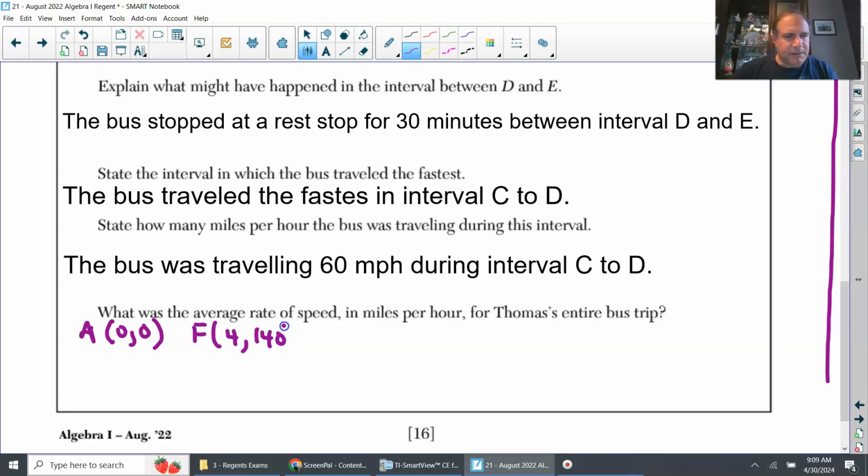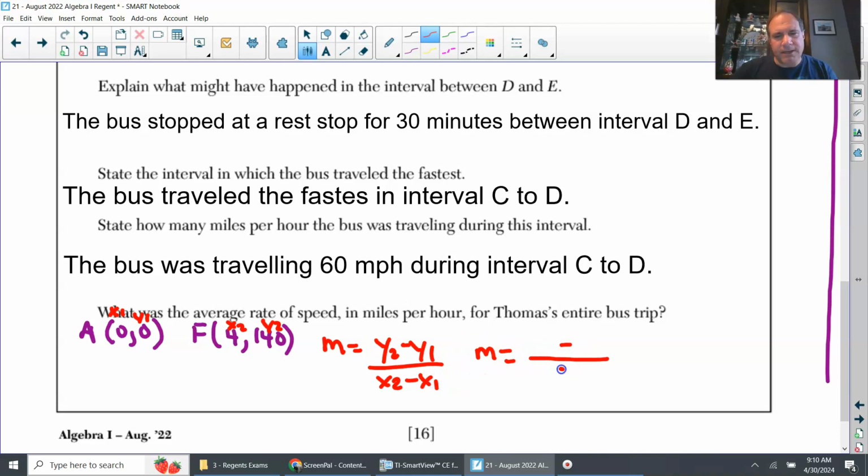So F is 4, 140. Now all you have to do is label them x1, y1, x2, y2, and do the slope formula, y2 minus y1 over x2 minus x1. And you have m equals 140 minus 0 over 4 minus 0.